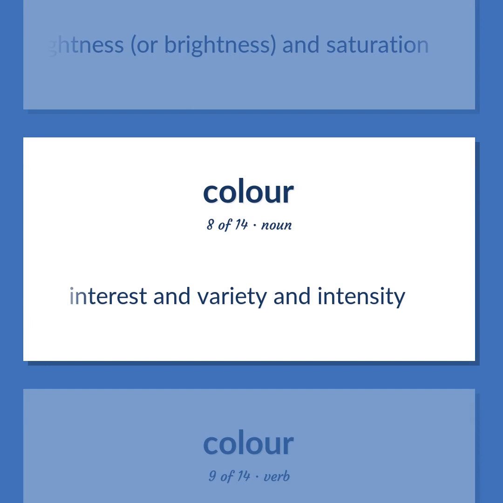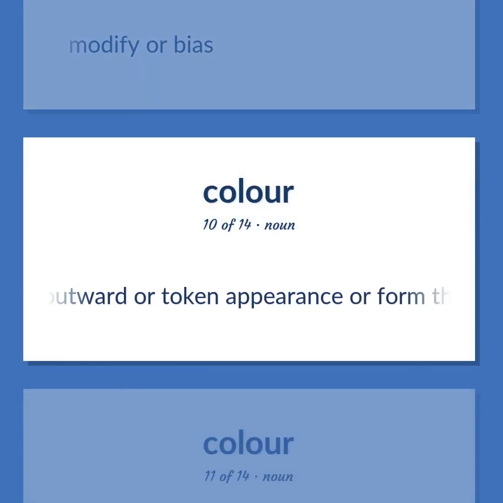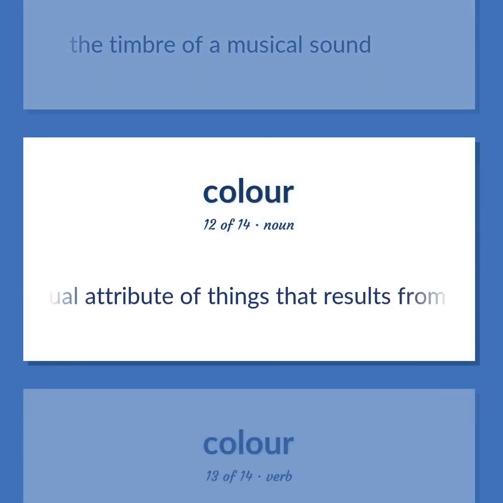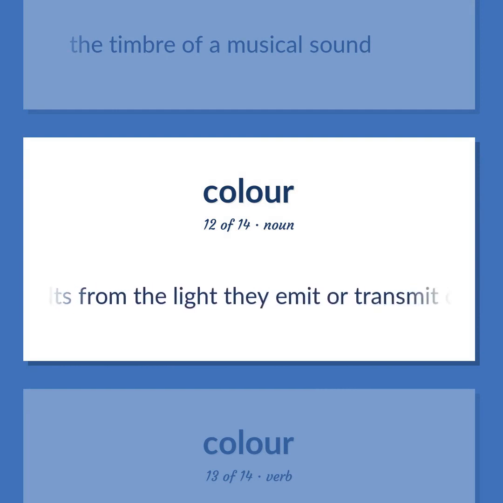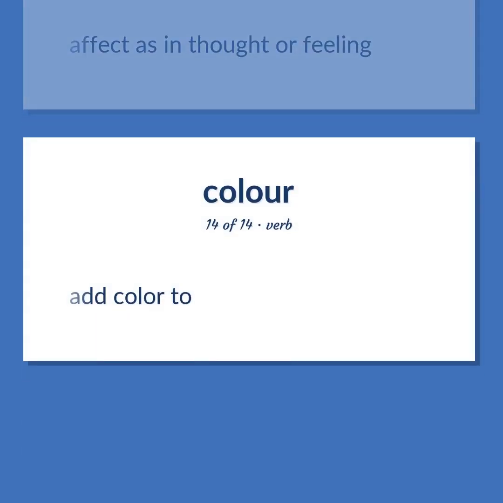Interest in variety and intensity. Modify or bias. An outward or token appearance or form that is deliberately misleading. The timbre of a musical sound. A visual attribute of things that results from the light they emit or transmit or reflect. Effect as in thought or feeling. Add color to.